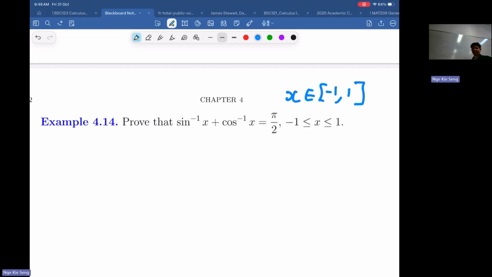So you realize that sine inverse x plus cos inverse x is a function, right? Okay, so let's compute the derivative of this function first.